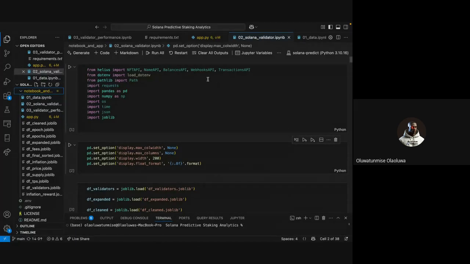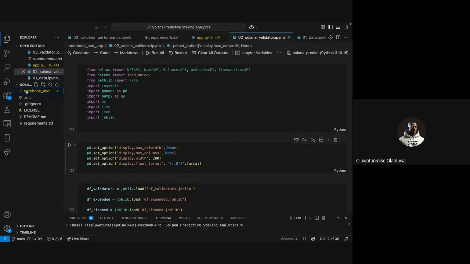So here is my notebook and where my app is. This is .env, where there's a secret key, which is the API key. I won't click it so that you won't screenshot it when you have the recording.